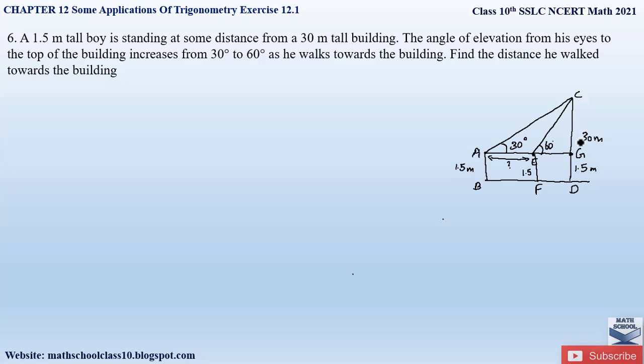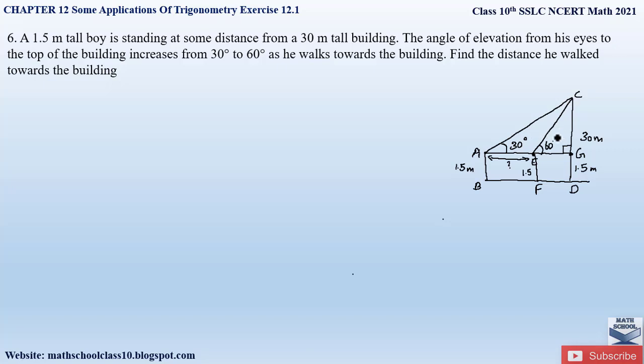As we know that the building is vertical to the ground level BD, which is parallel to AG. So therefore this building forms a 90 degree angle here, right? So therefore we can say that triangle ACG and triangle CEG form a 90 degree angle. So therefore these two triangles will be right angle triangles.